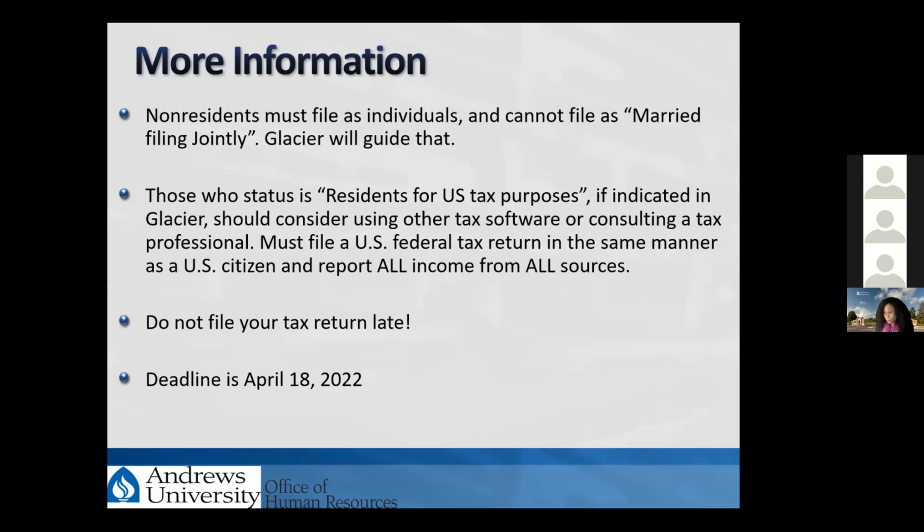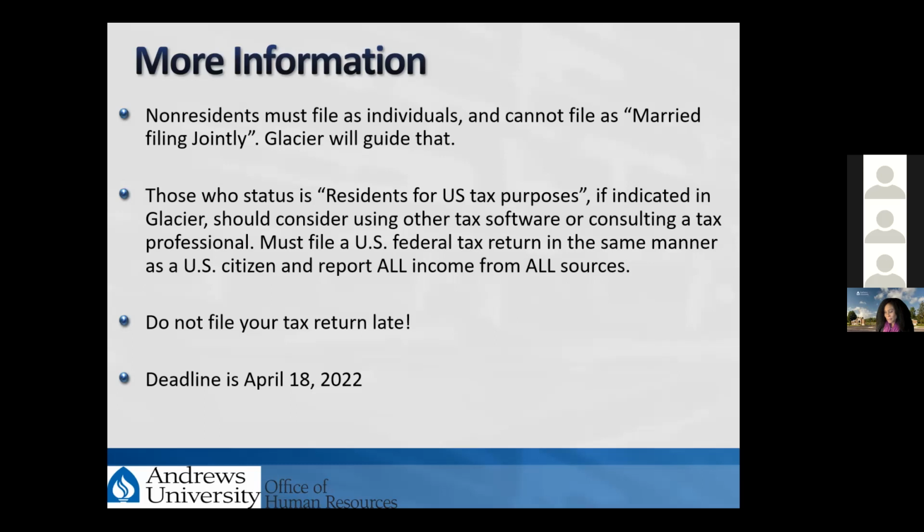Yes, if you qualify to have that 1042-S, it will show up for you. And if you are eligible to file your taxes using Glacier, it will be green for you to click on and then go ahead and file your taxes.